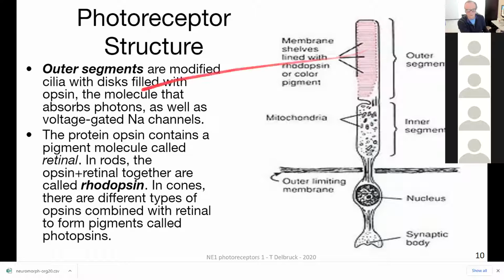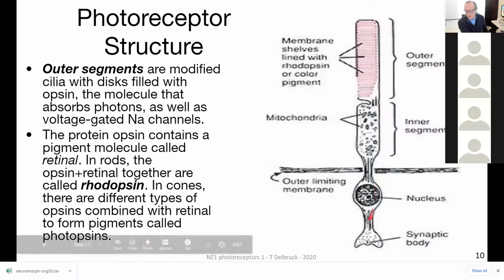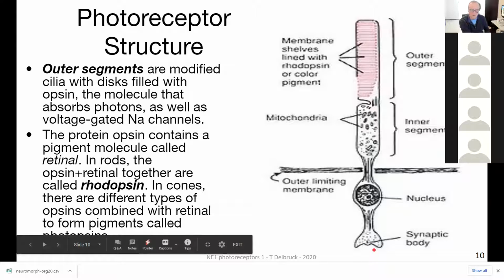Ultimately, when you flash light onto this, within a few milliseconds it creates a voltage change over here, which changes the release of neurotransmitter at the terminal down here.